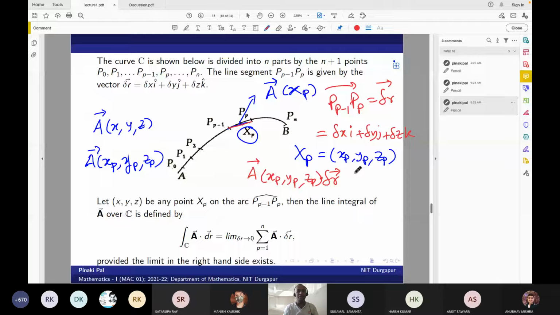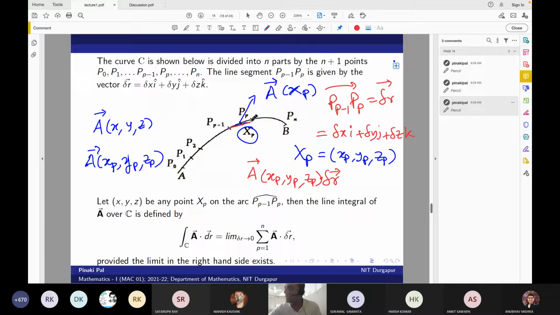And there we are calculating the vector function. We have a vector function defined there. So that vector function we are taking, and then we are taking the component of that vector along the line segment pp minus 1 pp. Then we are multiplying that component with the length of this line element, which is delta r.